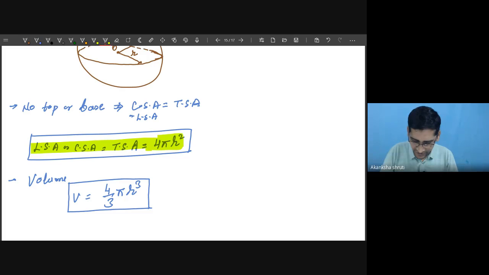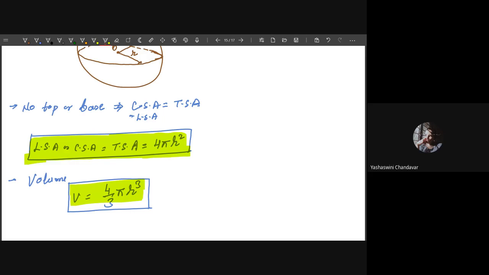One is 4 pi r square. Keep in mind what makes the difference from the circle. For the circle, it is 2 pi r square. But for the sphere, it is 4 pi r square. Yes, students, are you getting it? Yes, sir. Yes, sir.